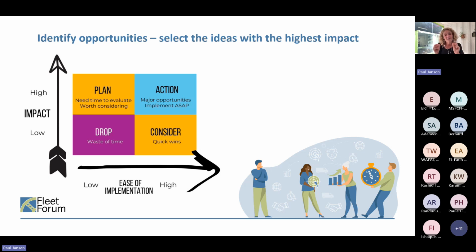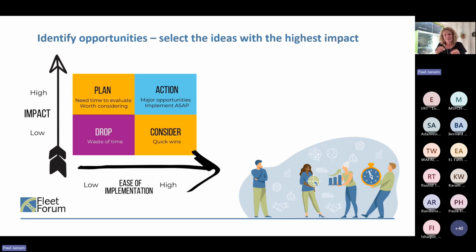If it is high impact but the ease of implementation is low, you might want to plan that one a little bit ahead in time. And the ones with low impact but a high ease of implementation are your quick wins as well.